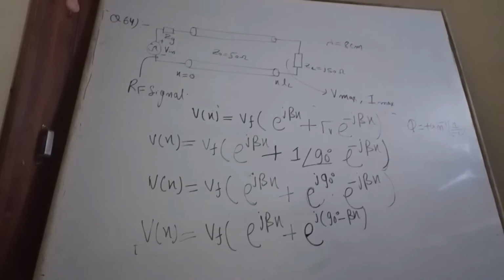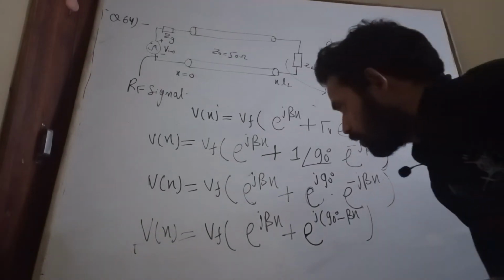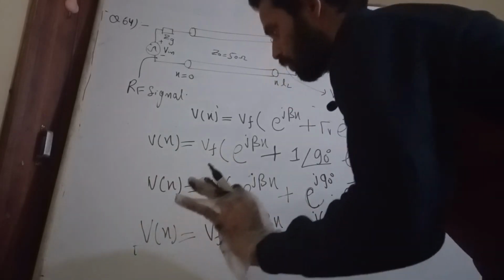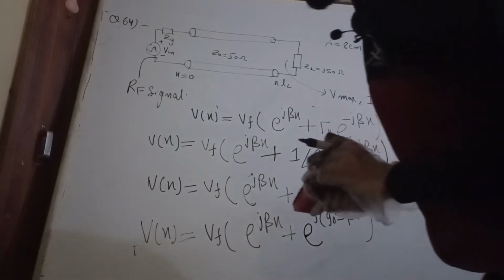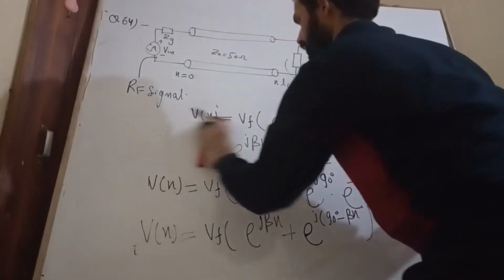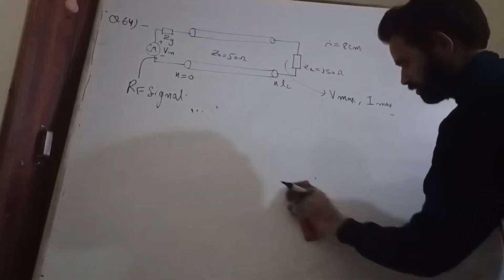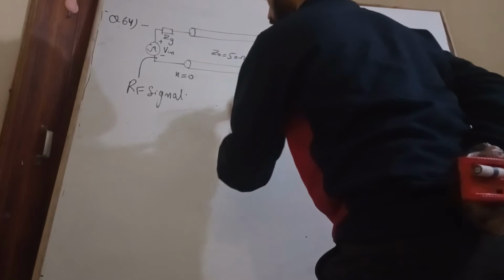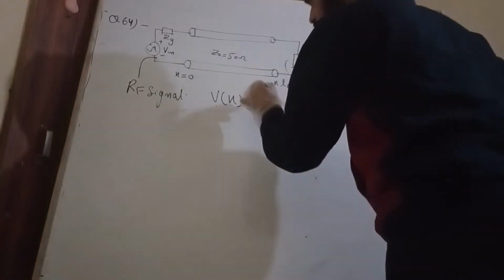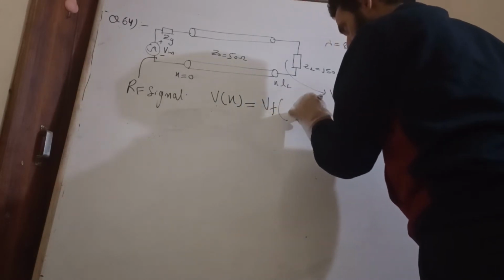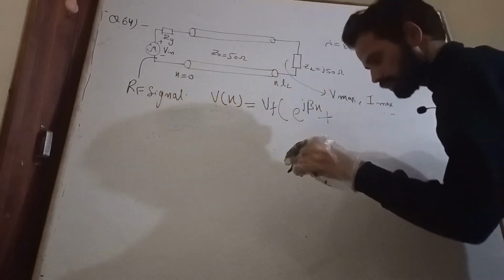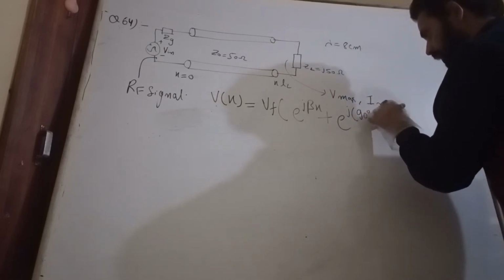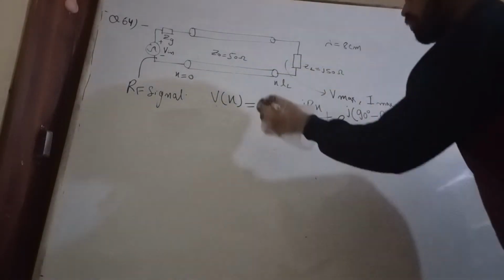So V of x is equal to Vf into e to the power j beta x plus e to the power j into 90 degree minus beta x. Yes, so this is my voltage V of x.